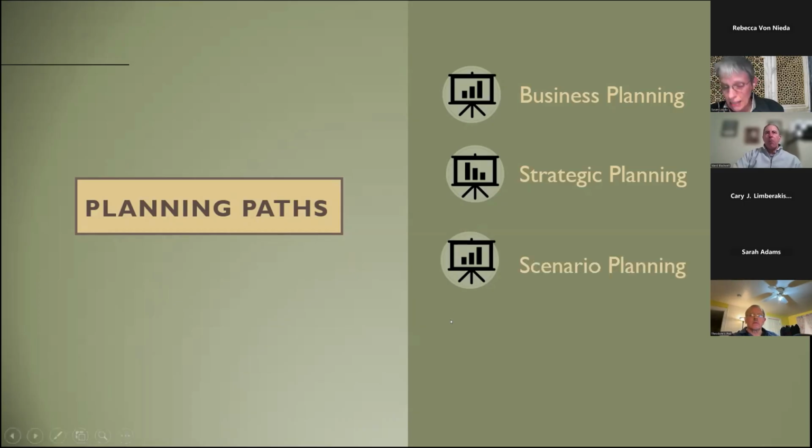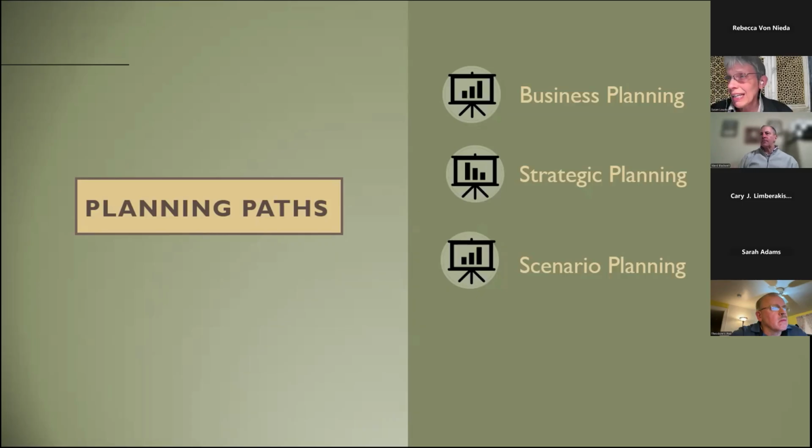Scenario planning is different from those because, instead of looking at a preferred direction and mapping it out either in an operational or a financial way, it really is writing stories of possibilities. You don't know what the future is going to look like.